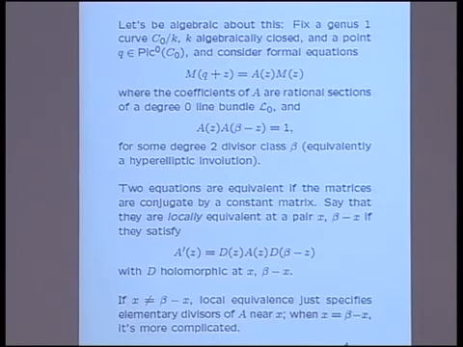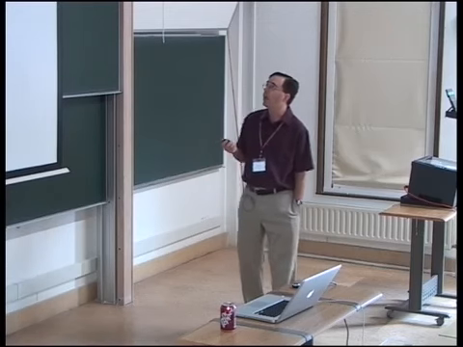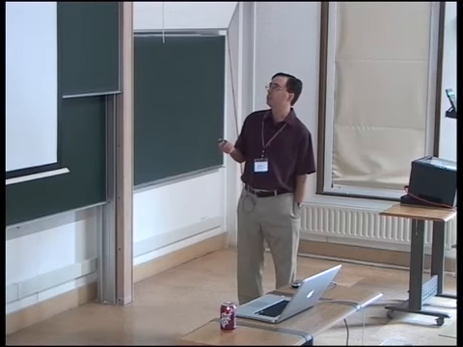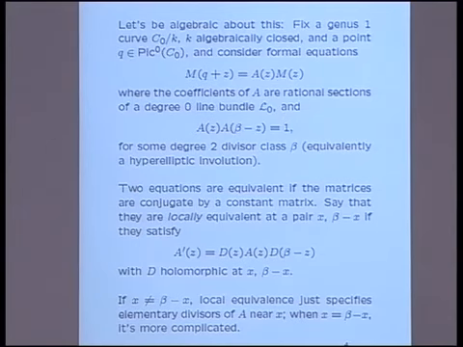And some translation of the curve. So again, we have this formal equation here, where the only thing that's changed is the way I'm writing the addition law on the curve. And A consists of rational things living in some line bundle, and it has some symmetry property.